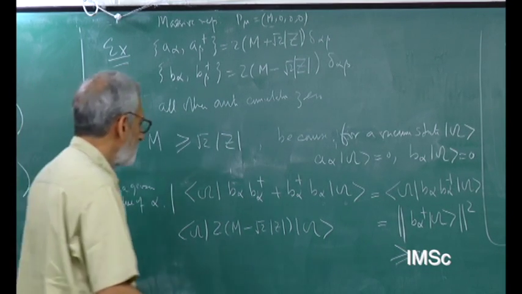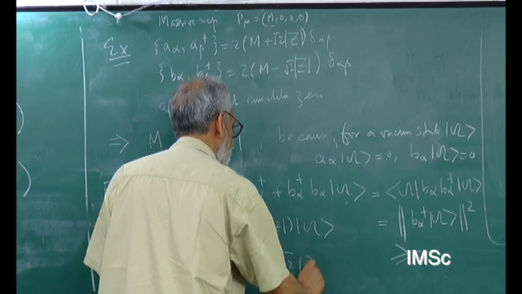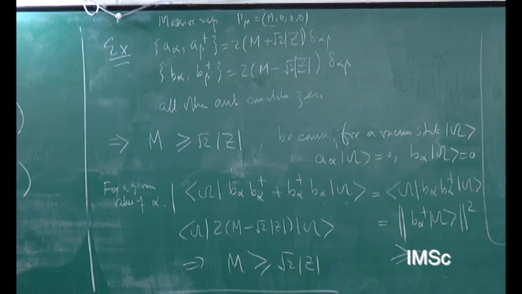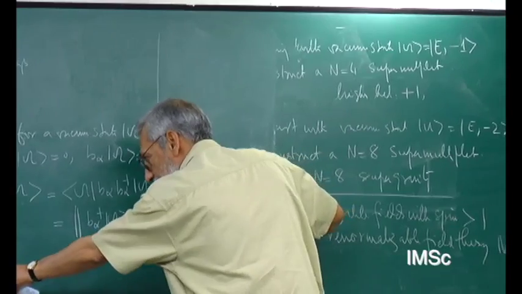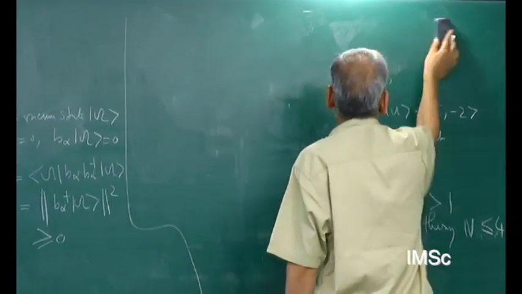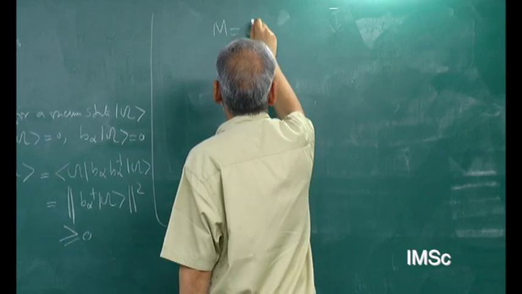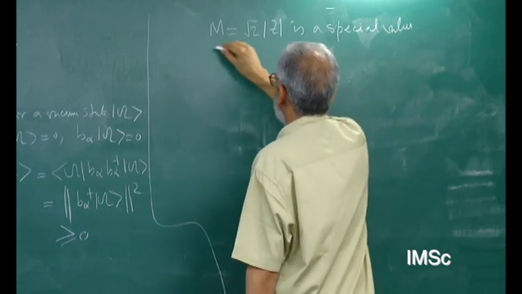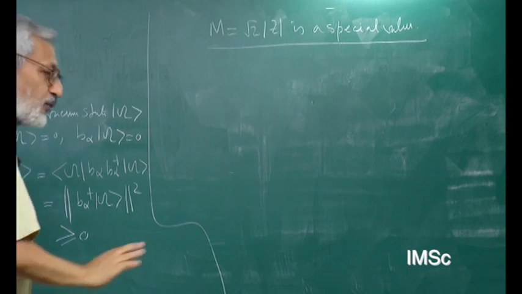That tells me this object has to be positive, so m has to be greater than or equal to root 2 mod z. And when this equality holds, m equal to root 2 mod z is a very special value, and that we'll discuss separately.